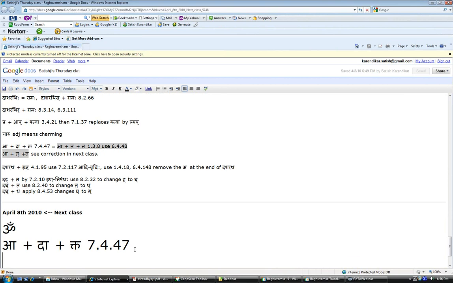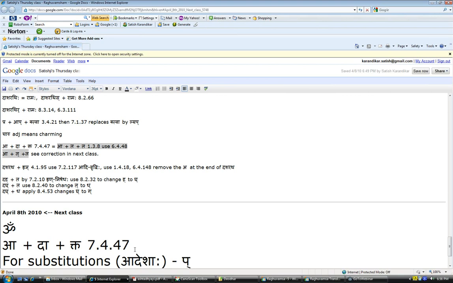For substitutions, which is called the adesha, you have to keep in mind the paribhasha sutrani.